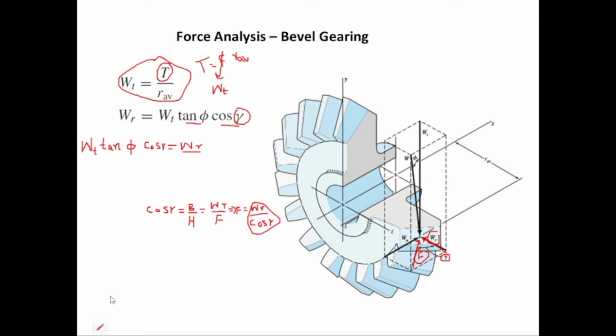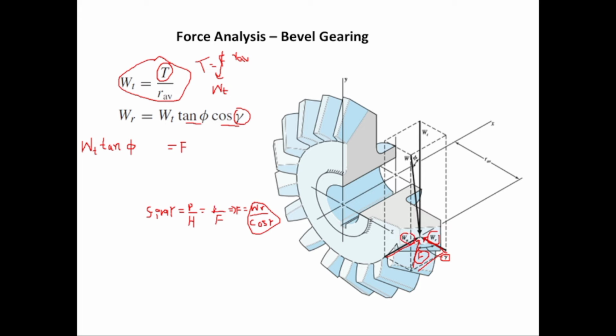As we proved the formula for WR, let's get back to the previous equation, that was Wt tangent of phi equals to F. Now take sine of gamma equals to perpendicular by hypotenuse.